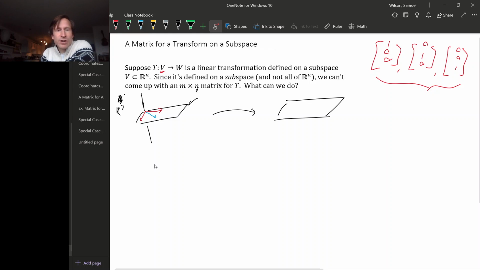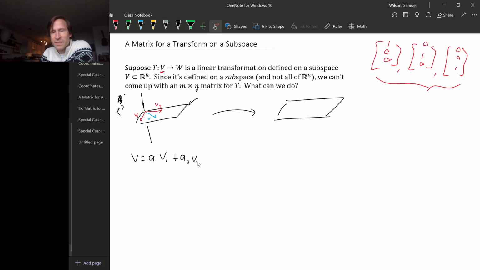So if this blue one is v, and the red ones are basis vectors v1, v2, you can write any vector in the span of your basis as a linear combination of the basis vectors.